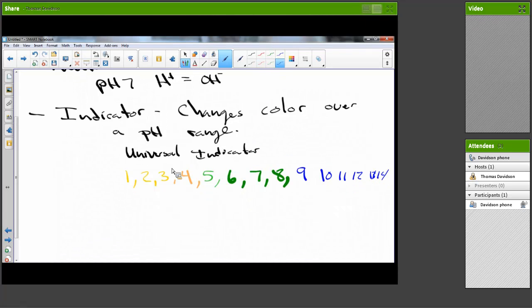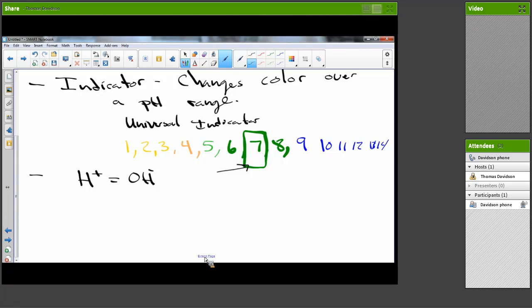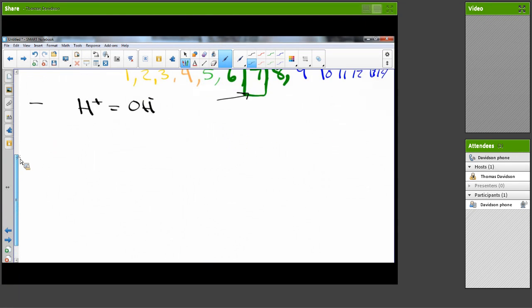So it's going to start yellow, kind of get a darkish orange yellow, then start to turn greenish, and then be the darkest green right at a pH of 7. So if I have something yellow, I can add base until the substance turns green. And what do I know when it turns green? I know that when this substance turns green, the H+ and the OH- must be equal.